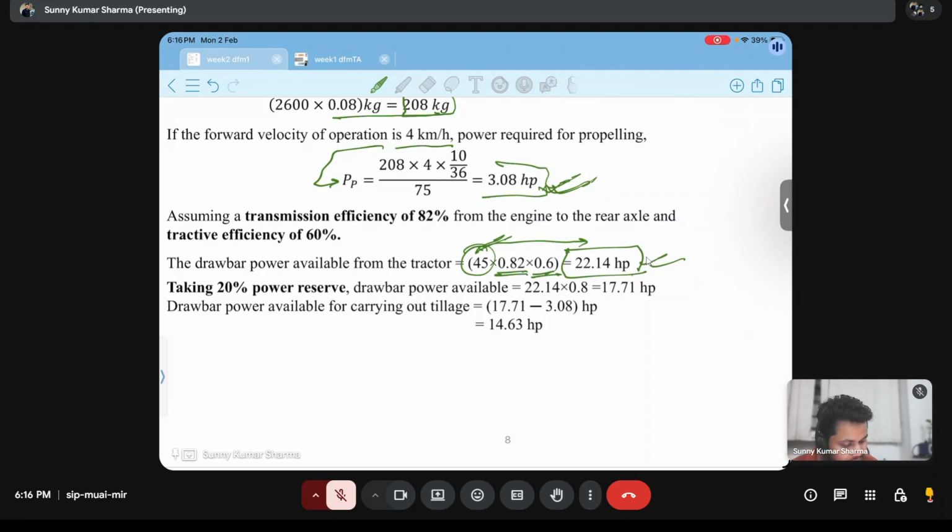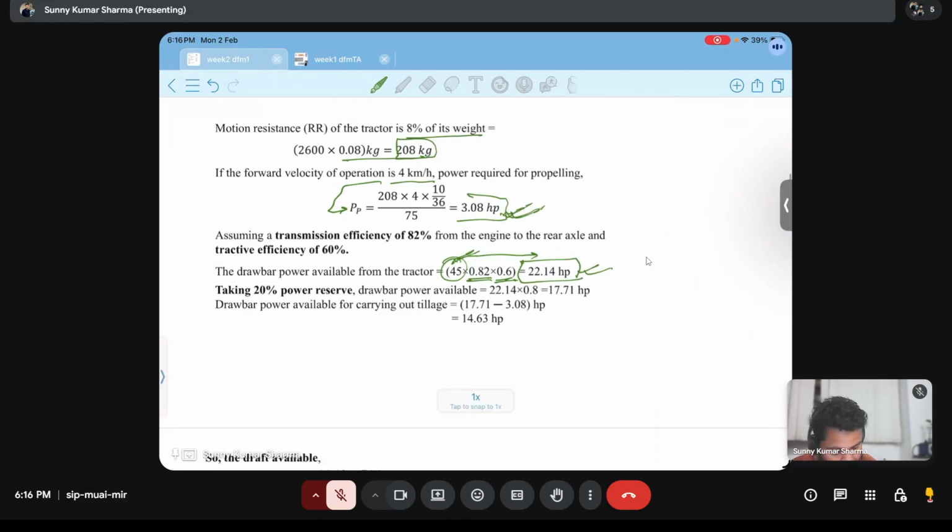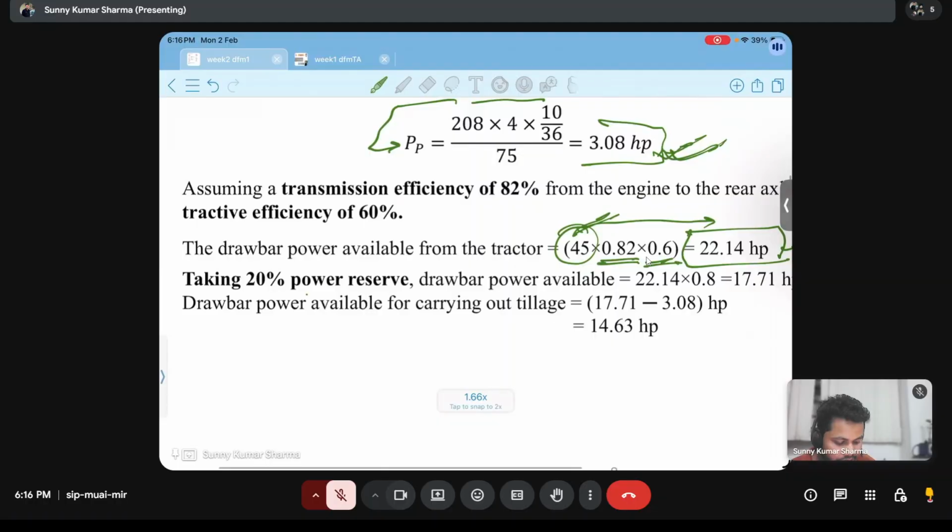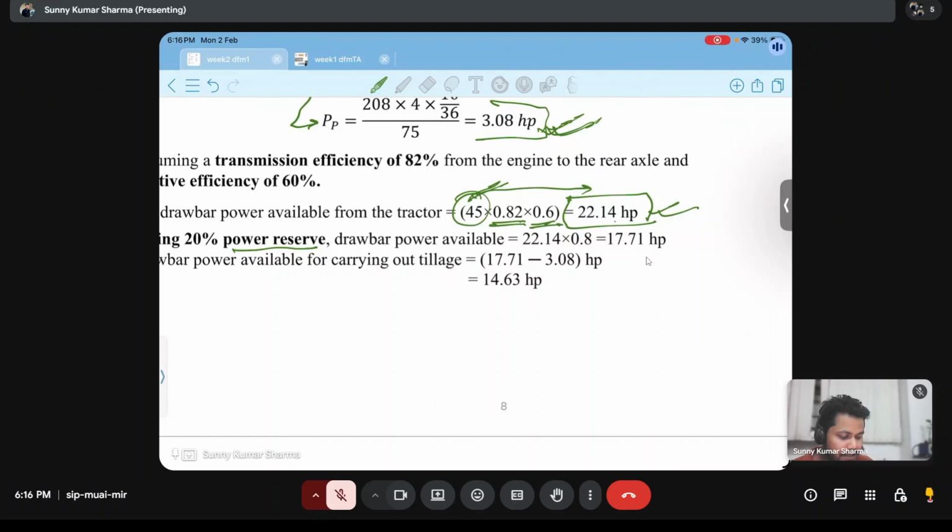Now this is in HP, and we are also taking a power reserve for our safety, so we multiply the available power by 0.8. We are getting 17.71. From here we get 14.63 as the drawbar power available.